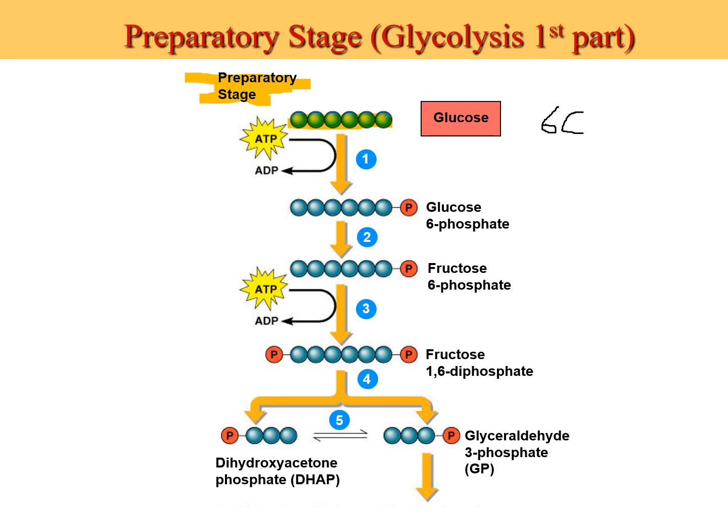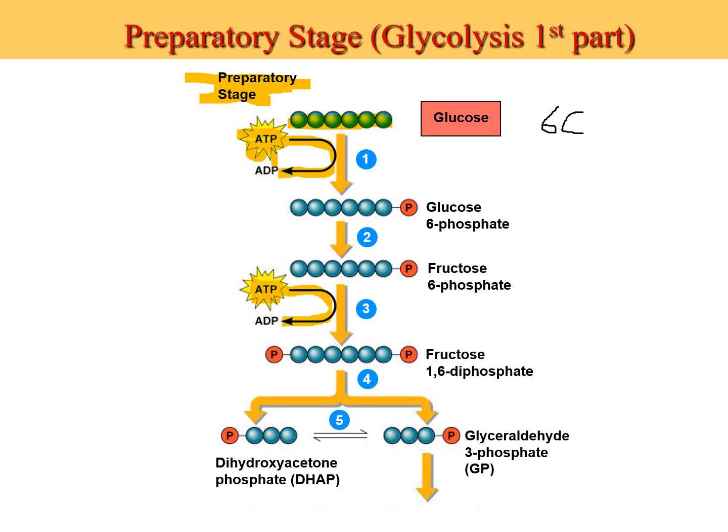As it goes along, the first stage actually uses energy. It doesn't generate energy, it uses up energy. And that's shown very clearly here, you can see that ATP is being used up. Okay? See, ATP is being converted into ADP. So in other words, energy is being put in.